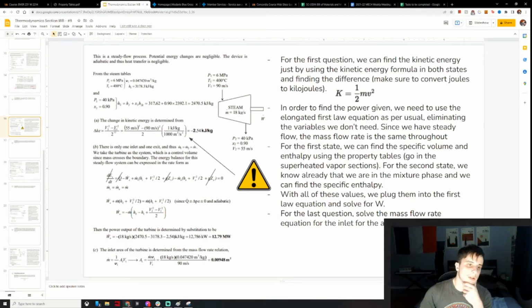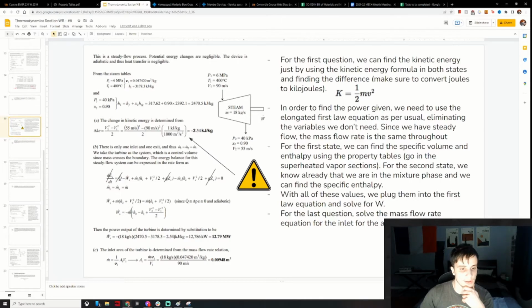Now you'll notice sometimes in exercises, they'll switch around, like we did the velocity at the inlet minus the velocity at the exit, because that's how the first law equation is ordered in what we study. But sometimes they switch it around. I don't really know why. But then later on in the exercise, they take it into account.